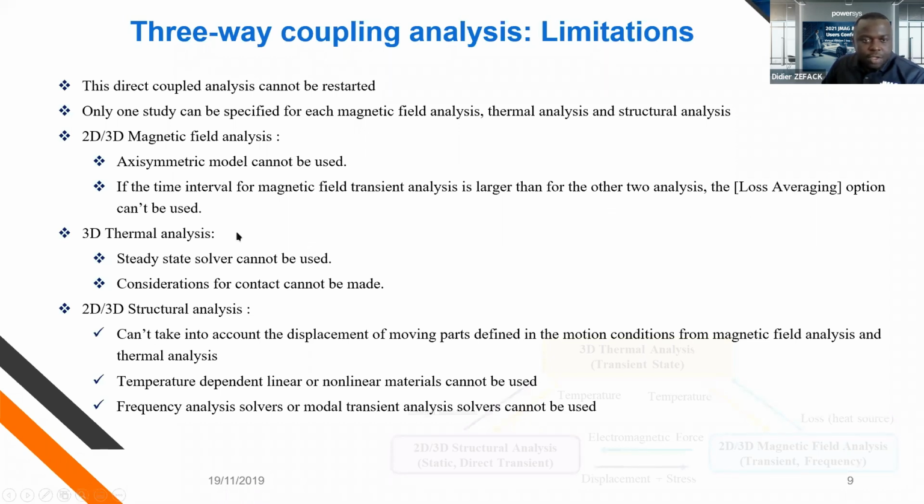For the thermal, the three-way coupling does not support steady-state thermal analysis, and also the contact cannot be taken into account. For the structural analysis, if you define the rotation motion or translation in magnetic and thermal, the displacement cannot be taken into account in the structural analysis.